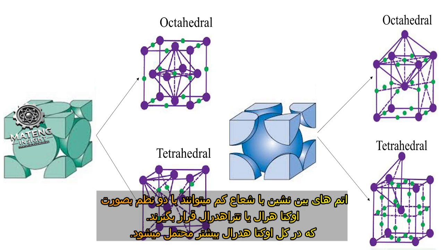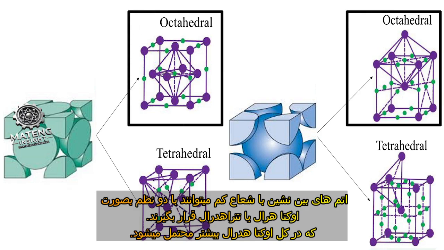These new atoms with a small radius could be placed between matrix atoms in 2 different orders, octahedral or tetrahedral, and octahedral is more common.